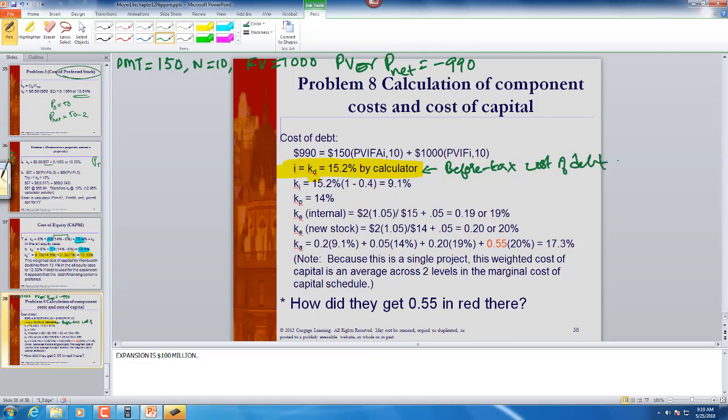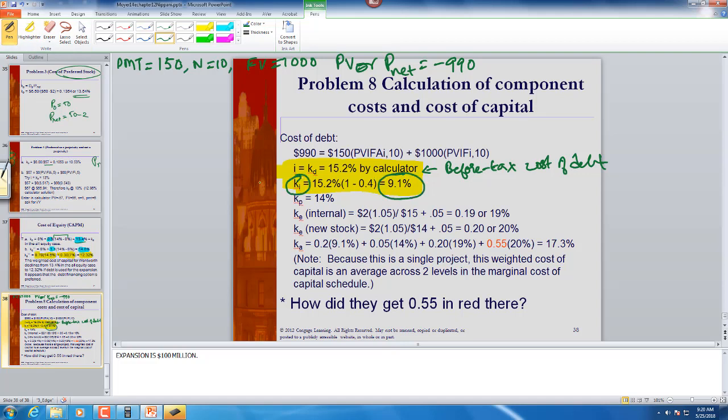Now you all know that you need to calculate the after-tax cost of debt to include in cost of capital. That is 15.2, and they told you in the last sentence of the first paragraph, Ewing's marginal tax rate is 40%. So essentially all you have to do is take 15.2 multiplied by 1 minus 0.4. So the after-tax cost of debt is 9.1.